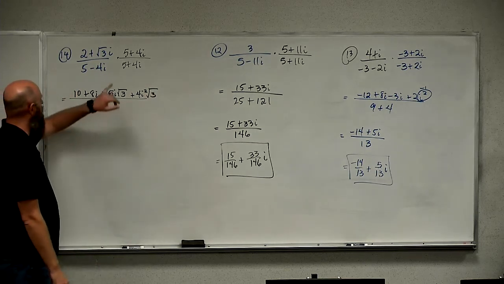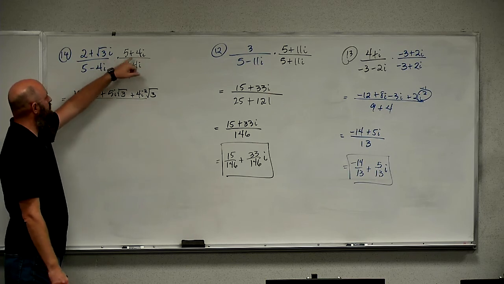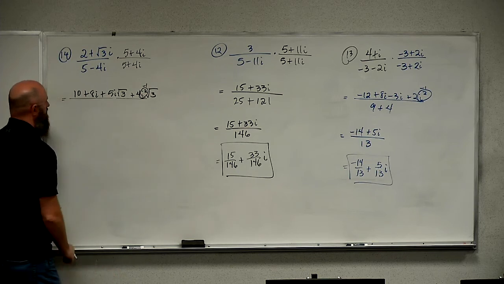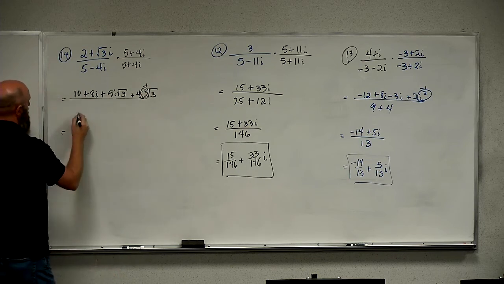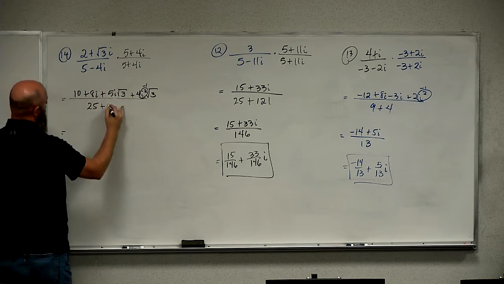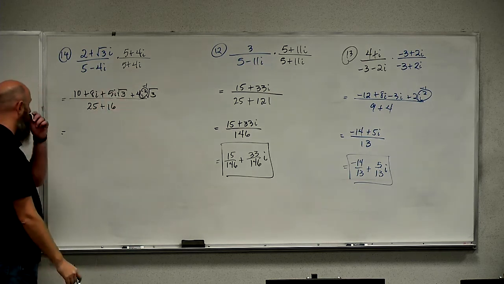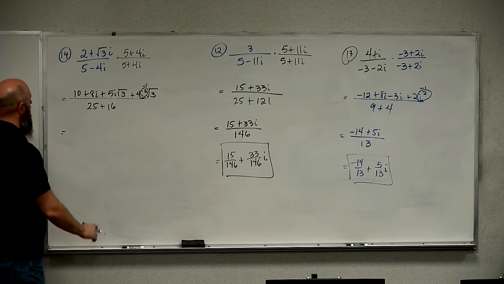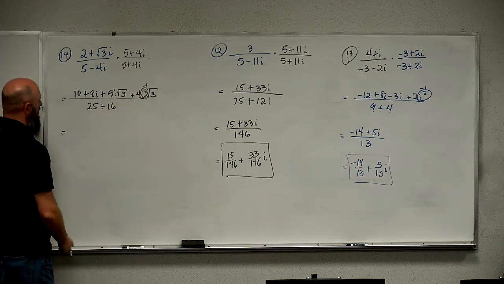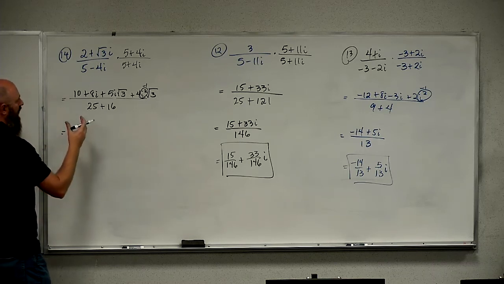Okay, so when we multiply here, we still get the i squared. And that i squared is going to be a -1. I still need to do the bottom, right? 5 squared is 25, 4 squared is 16. Now on top, even though I'm changing that, nothing's going to go together. So we are going to write it though.